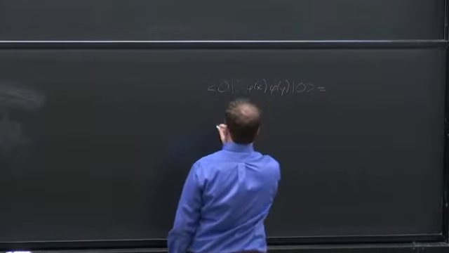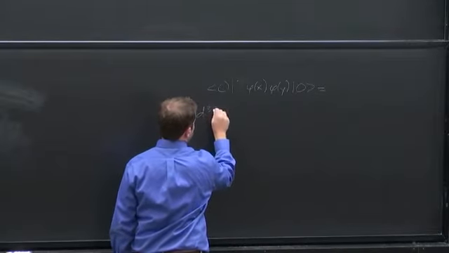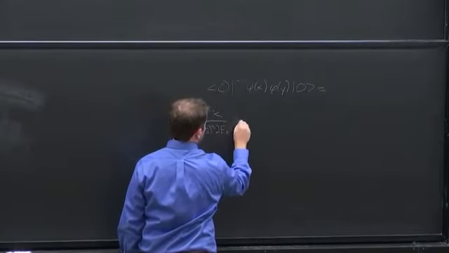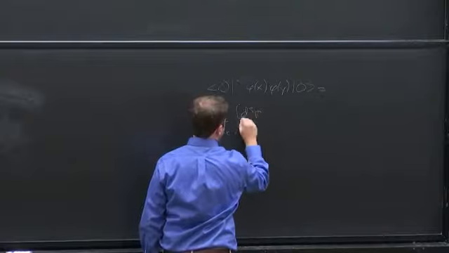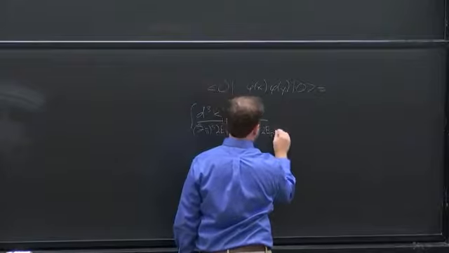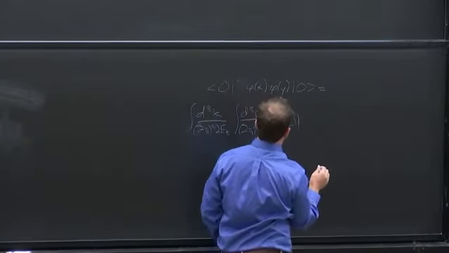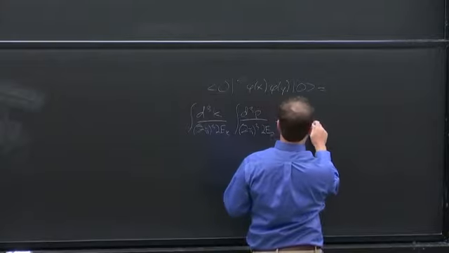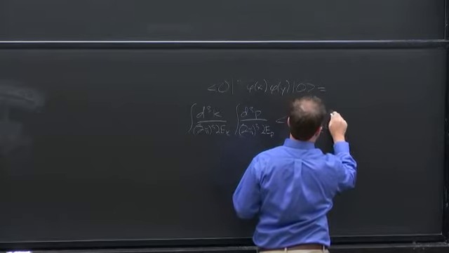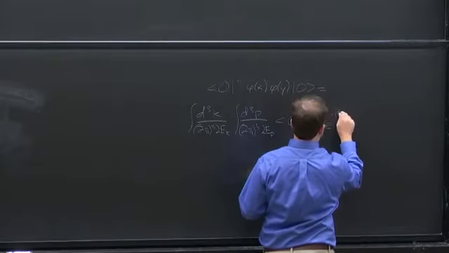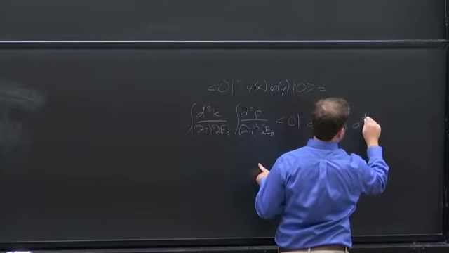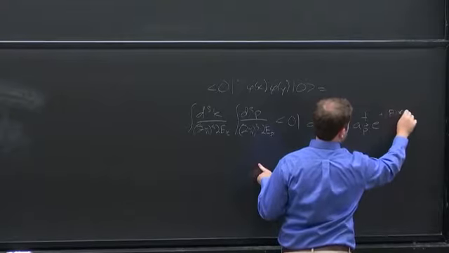This is the integral d3k over 2 pi cubed 2Ek, d3p over 2 pi cubed 2Ep, the vacuum expectation value, then we have a_k e to the minus i k dot x, a_p dagger e to the plus i p dot y.